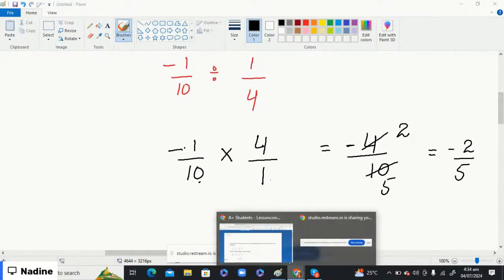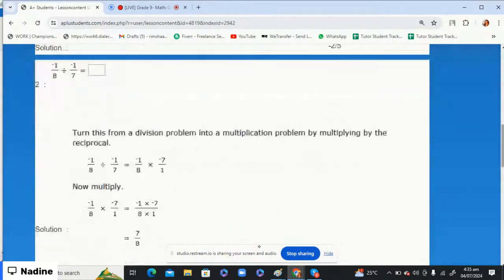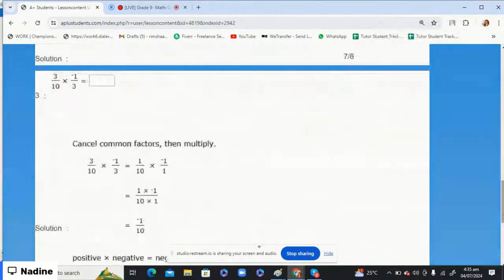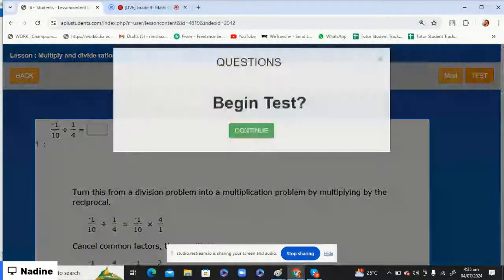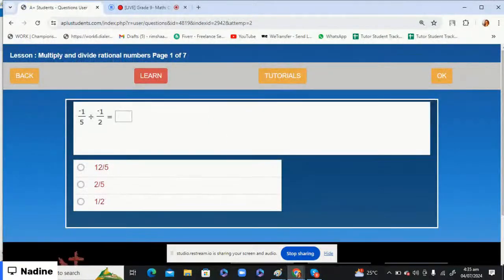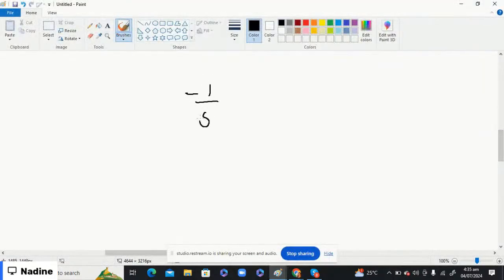Okay, now let's do some test questions. I hope you guys understand this one. So minus 1 by 5 divided by minus 1 by 2. Let's solve it. What do we do first? Minus 1 by 5 stays, division changes into multiplication, and minus 1 by 2 changes into 2 by minus 1.